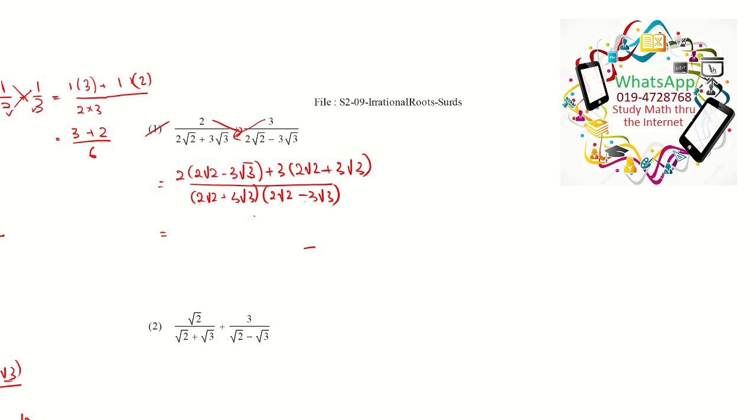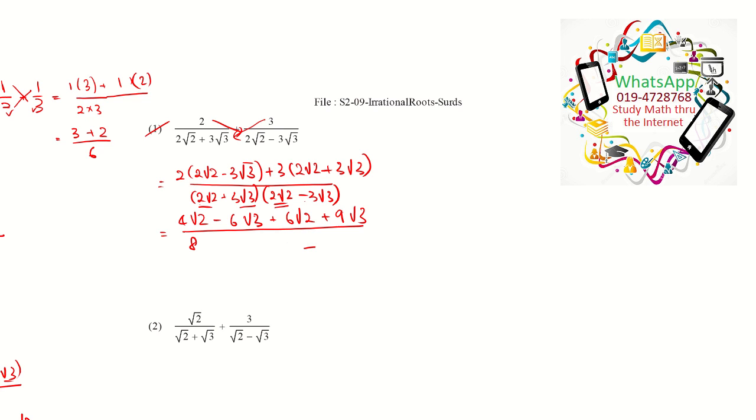Okay, expand, 4 root 2 minus 6 root 3 plus 6 root 2 plus 9 root 3. Okay, this times this, 2 times 2, 4 times 2, 8.